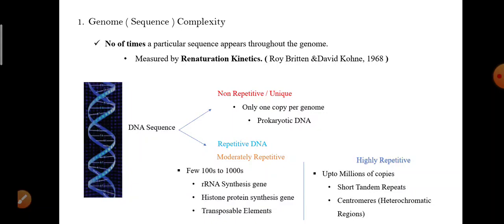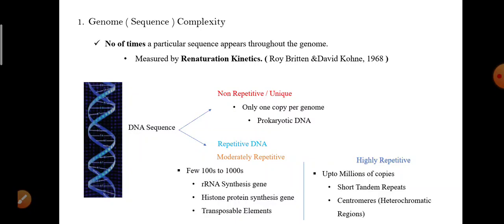In the unique sequence, only one copy is present per genome, and we can find it mainly in prokaryotic DNA. Repetitive DNA may be of two types, that is moderately repetitive, which is repeated from hundreds to thousands of times, and highly repetitive, which is repeated up to millions of copies.